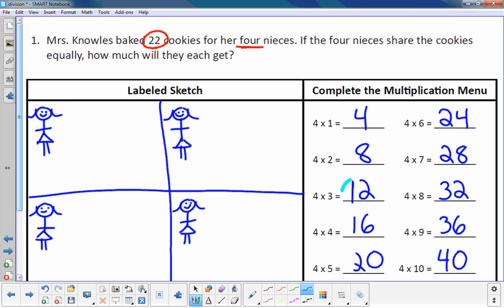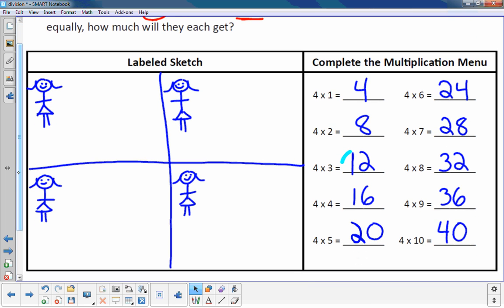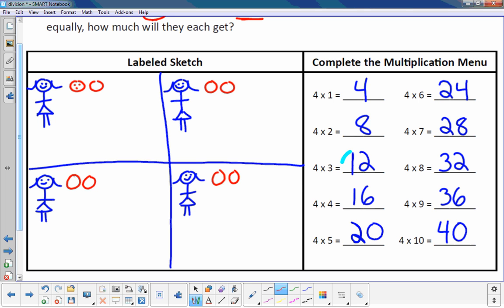So this is where the multiplication menu comes in handy, because I could sit there and divide them all one by one. I could do this. 1, 2, 3, 4, 5, 6, 7, 8, 9, 10, 11, 12, and I could do that until I get to 22 cookies.